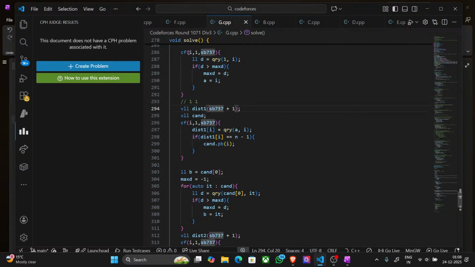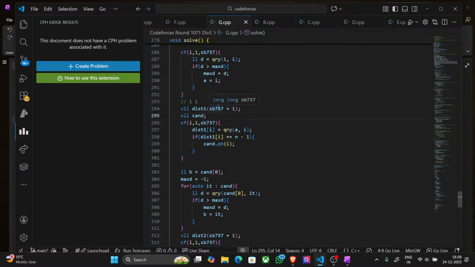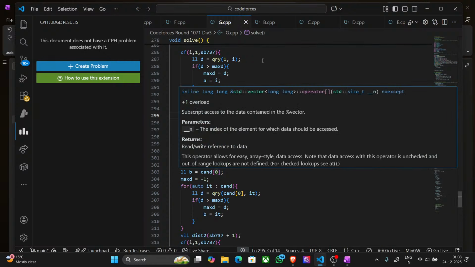You are taking distance from the first penguin to every other penguin, so from 1 1 to all the indices r comma c, and you are updating the distance in the distance array.